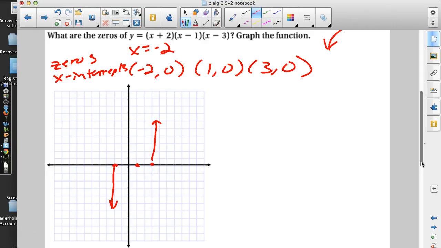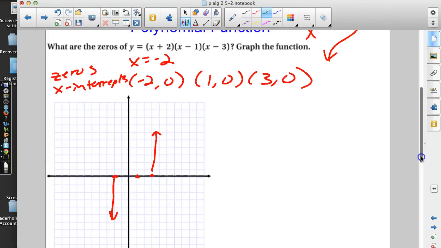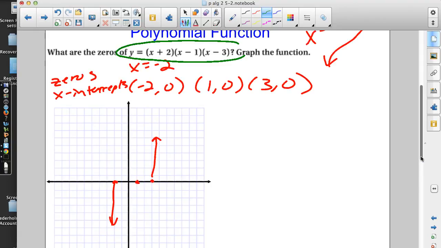And then I'm just going to take a guess at what's going to go on. My guess comes from the fact that if I multiplied all of that together, there's going to be an x to the third, then an x squared something, an x something, and those are going to distinguish this middle behavior. So my guess is I'm going to do something like that. Has to, because that's the only way I get the end behavior and the zeros that I need.